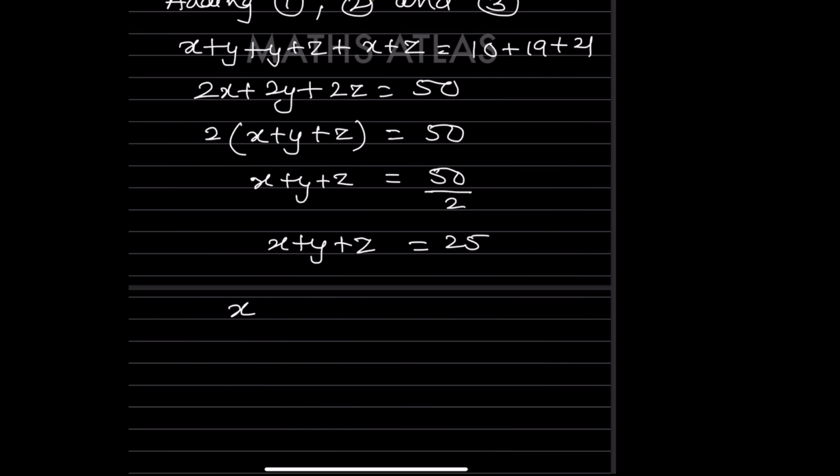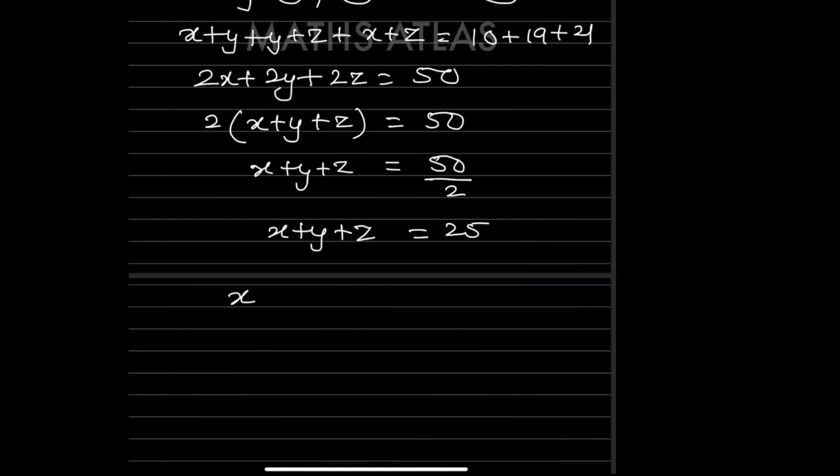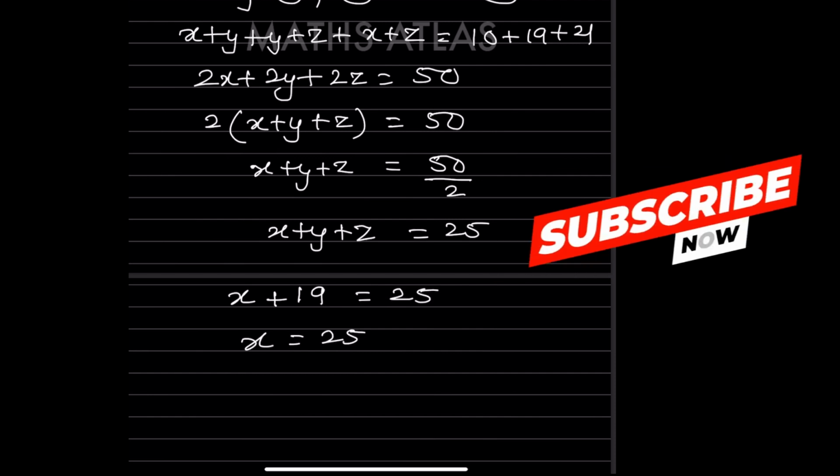We'll take this equation, where y plus z is 19. So we write x plus 19 is equal to 25. So x is going to be 25 minus 19, so x is going to be 6.